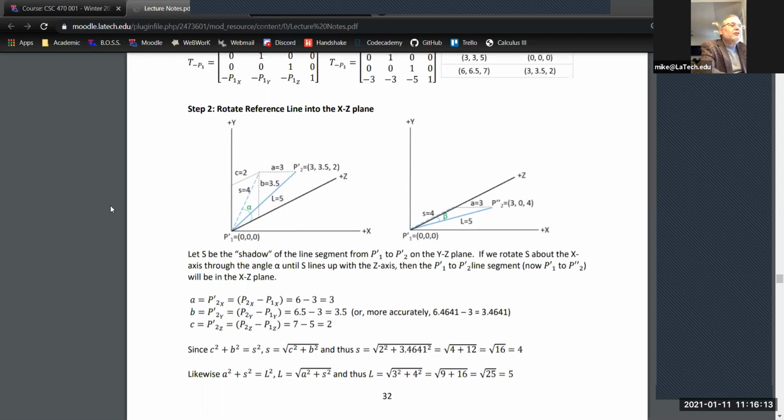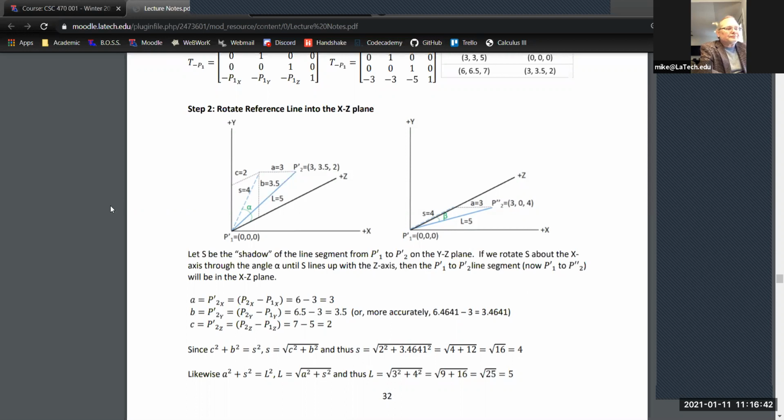Okay, so now that we know that S is 4, I can get the length, which I'm calling L, of our P1 prime to P2 prime, because now I have a triangle where S is 4 and A is 3. So if you take A squared plus S squared, that's going to give you L squared, right?